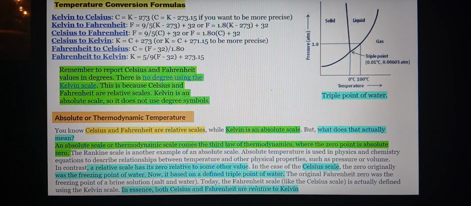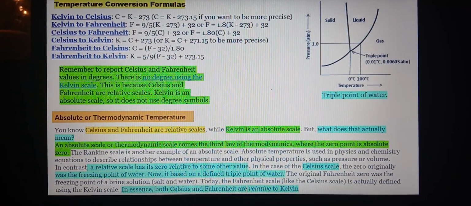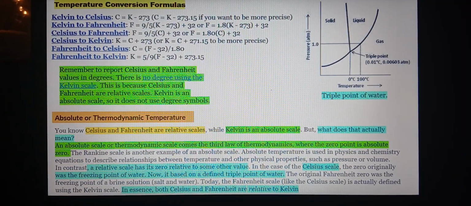Temperature conversion formulas. I won't go through every formula there. Just take a screenshot of the screen in front of you and go through those different formulas. So we have Kelvin to Celsius, Kelvin to Fahrenheit, Celsius to Fahrenheit, Celsius to Kelvin, Fahrenheit to Celsius, and Fahrenheit to Kelvin.